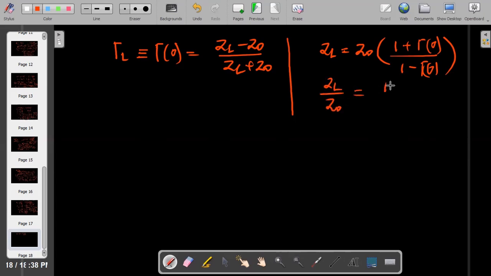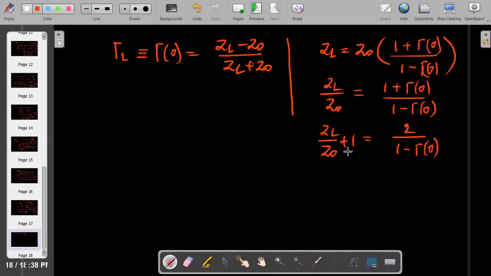ZL by Z naught is nothing but (1 plus gamma naught) by (1 minus gamma naught). From there, how we can do? You do ZL by Z naught plus 1. So it will be coming what? So this will be cancelled. This is minus gamma naught. From there, we can get 1 minus gamma naught is nothing but 2 divided by (ZL by Z naught plus 1). Please follow. So gamma naught is what?